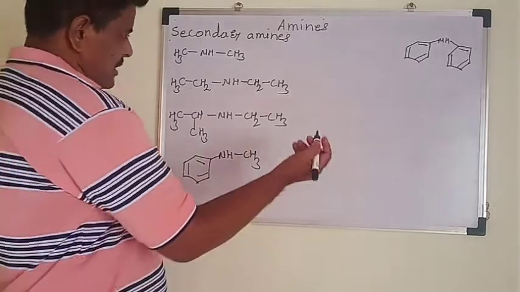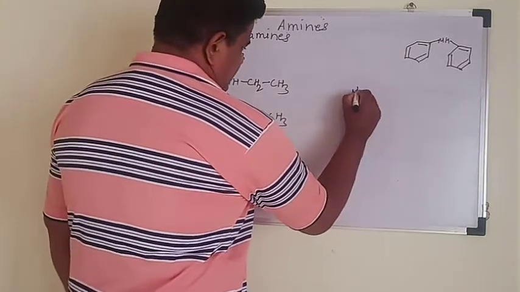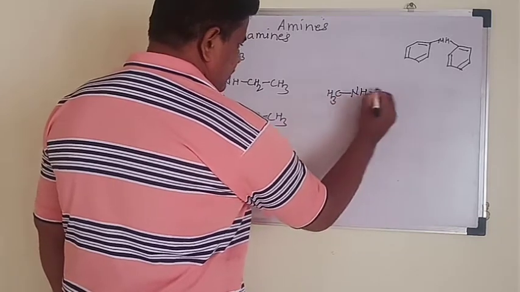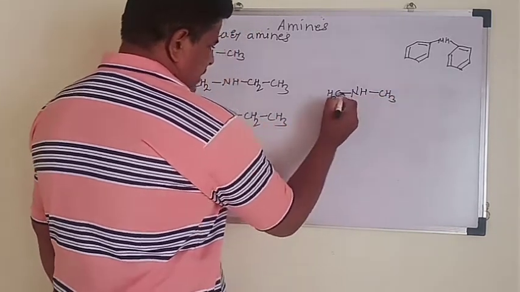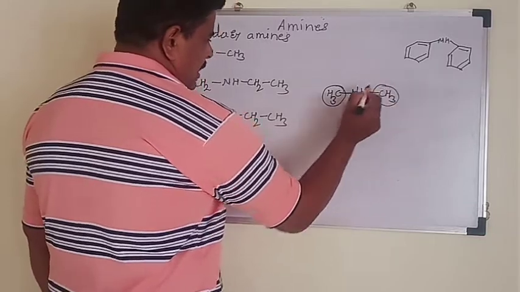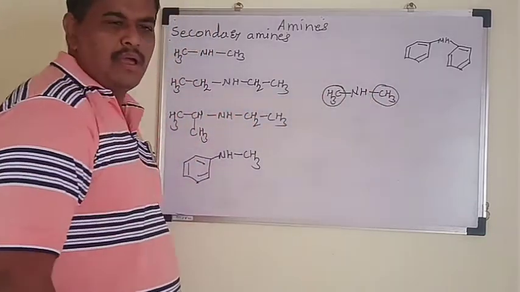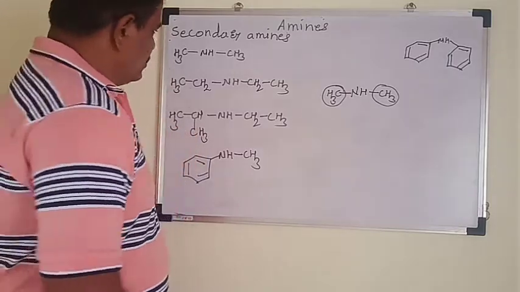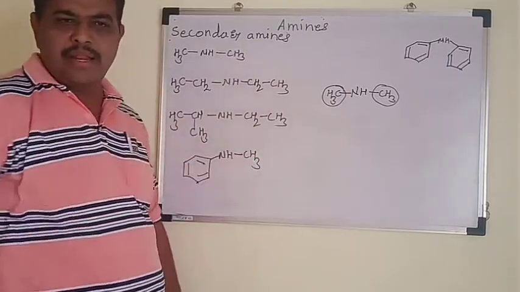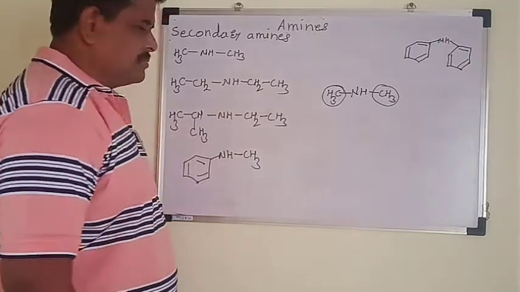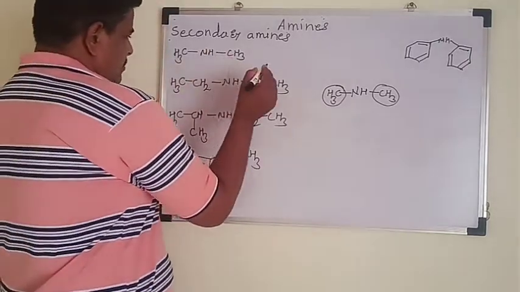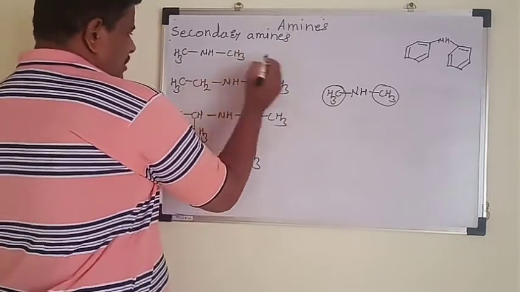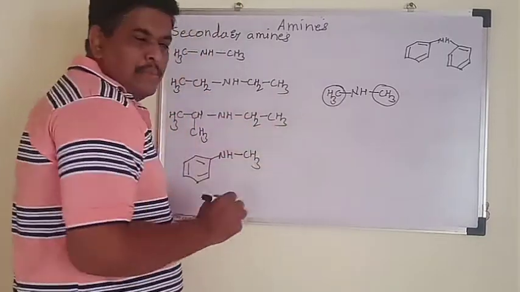Here, as you know, secondary amines are amines which are derived from ammonia by replacing two hydrogen atoms of ammonia by R, that is, alkyl or aryl group. So these are some examples of secondary amine. In common name system, these amines are named as alkylamine.